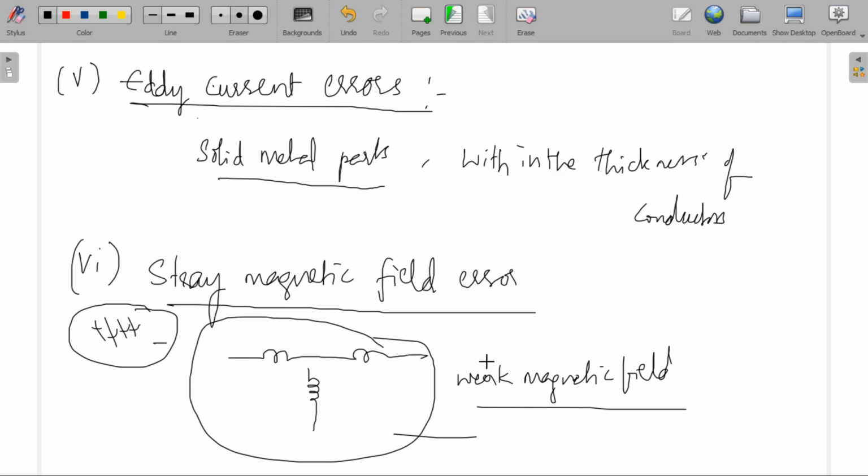Even this instrument is shielded against the effect of stray magnetic field error. The MI instrument as well as the dynamometer type instrument are also shielded to avoid stray magnetic field error.